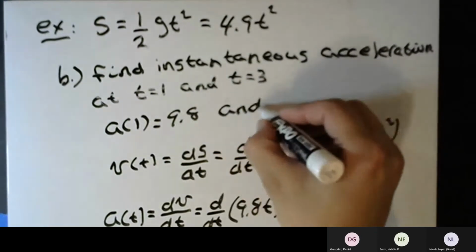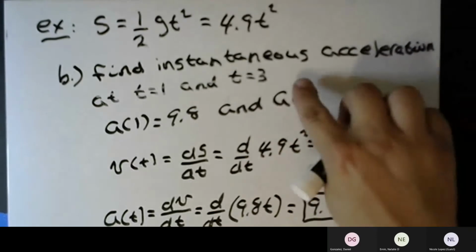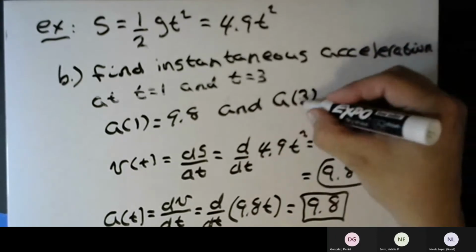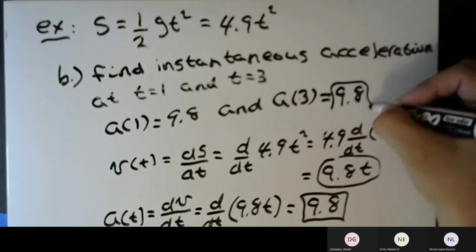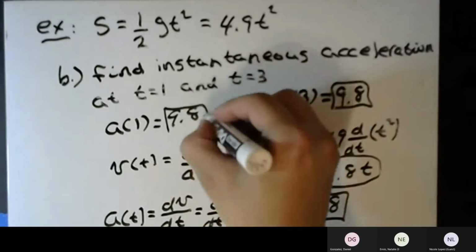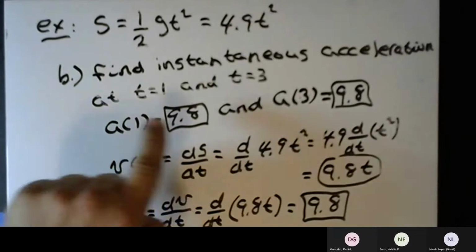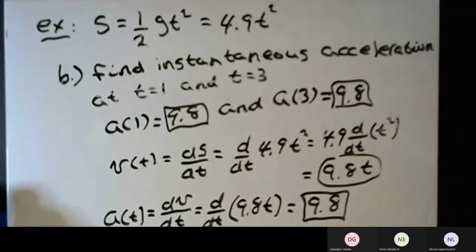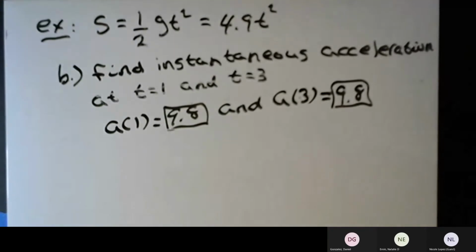And A of 3 is 9.8. So what we find out in this situation, whether we're computing average acceleration, the acceleration at time is 1, or the acceleration at time is 3, the acceleration is the same.